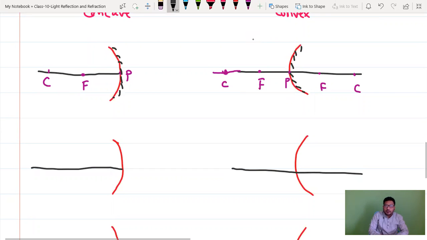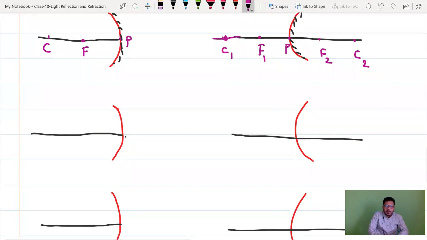And to avoid confusion, you can mention it as C1, this side C2. This is F1, this is F2. So F1 is the focus towards the left hand side and F2 is the focus on the right hand side. C1 is the center of curvature on the left hand side, C2 is the center of curvature on the right hand side. Same like that you can do for everything.